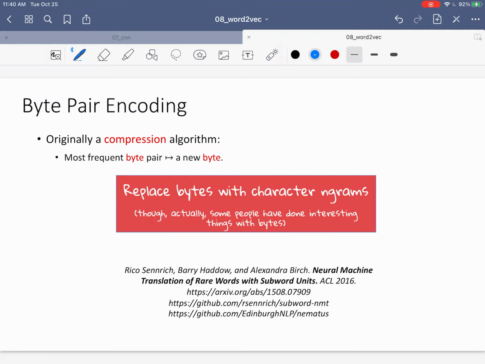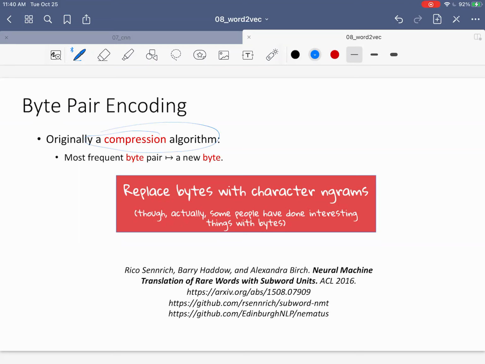Byte pair encoding is originally a compression algorithm. Compression means that you need to send a message over a transmission server or whatever. You need to send a signal, and when you want to send the signal, you want to compress it so that you don't waste your resources.